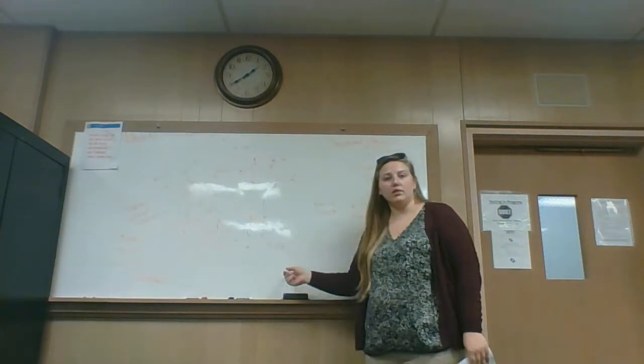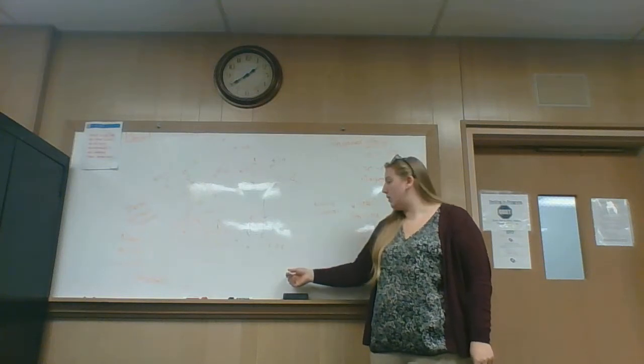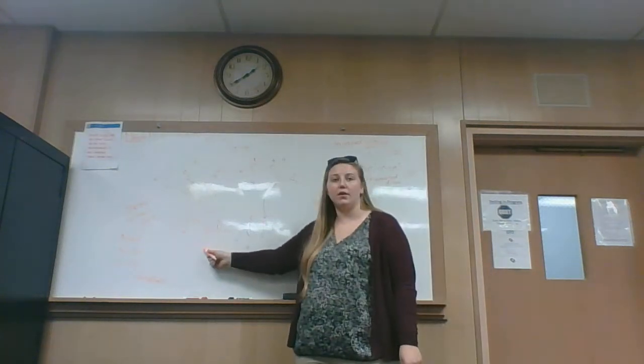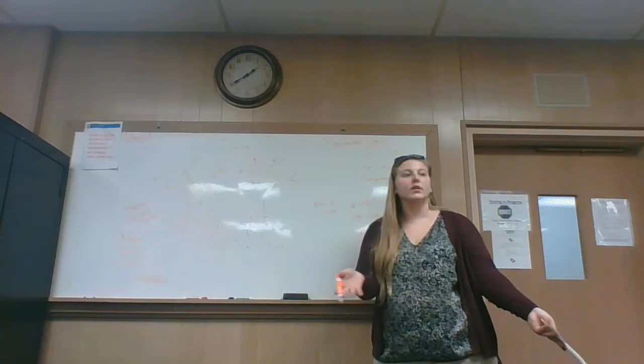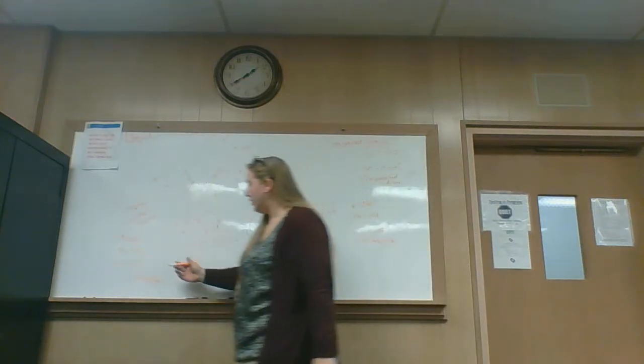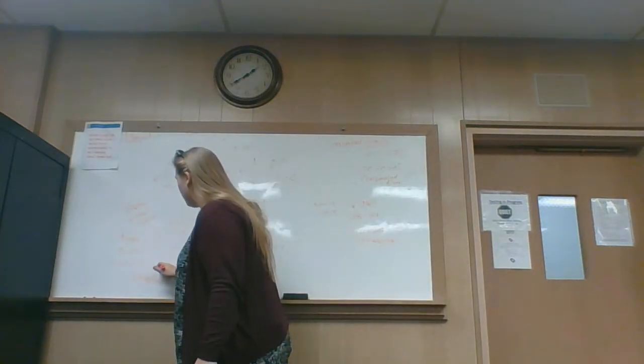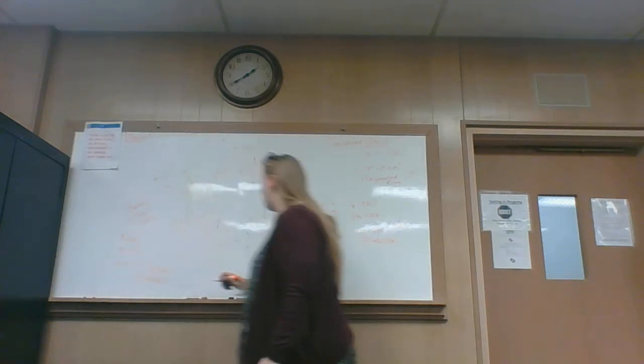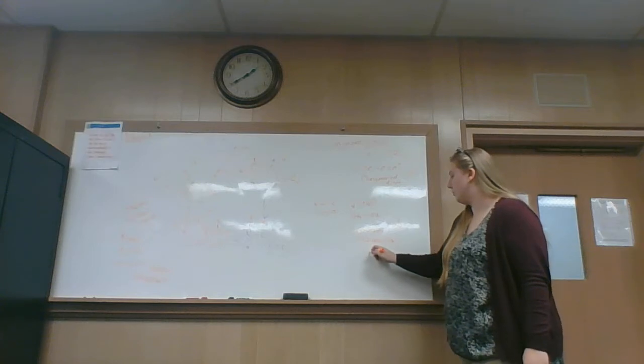Why would this final product be considered less stable than this final product? Alkene. Exactly. So 1,4 addition, otherwise known as internal alkene. 1,2 addition, terminal.